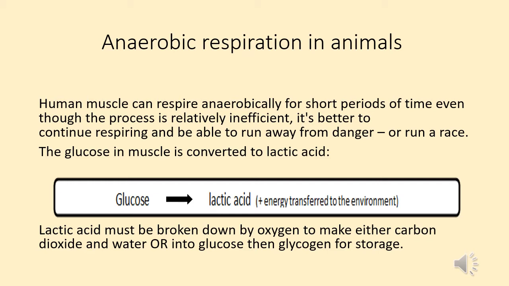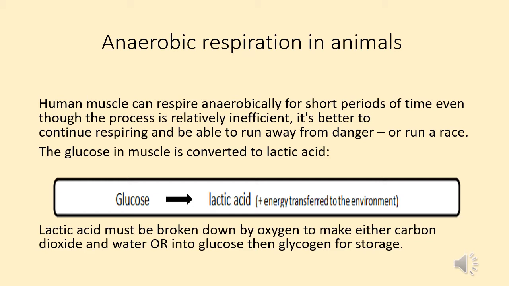So for example, if someone's running a race and it's a short race, they're going to have to run extremely fast. So what happens is that their breathing is not allowing them to take in enough oxygen to be converted to carbon dioxide and water during the respiration process.